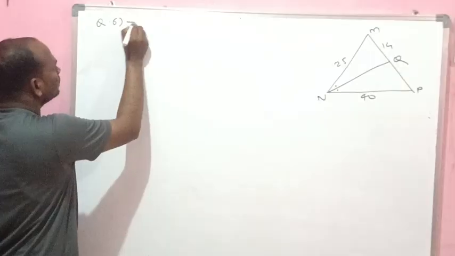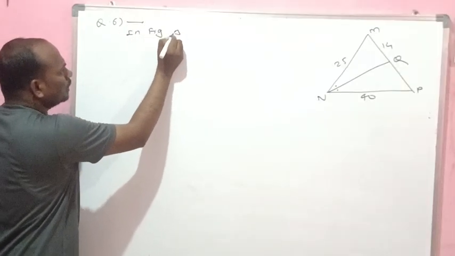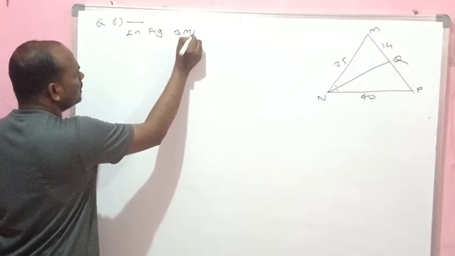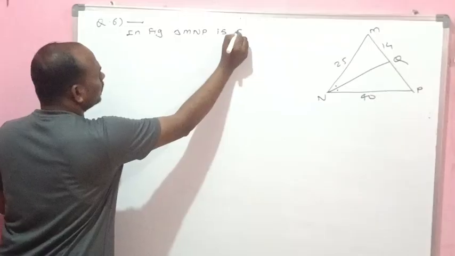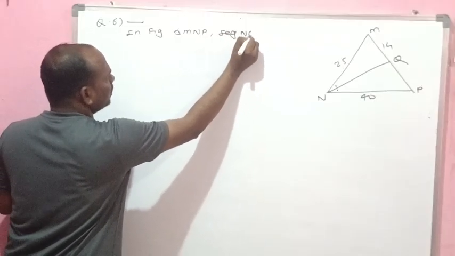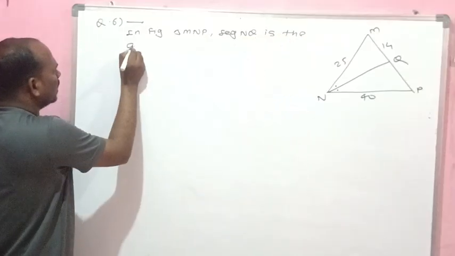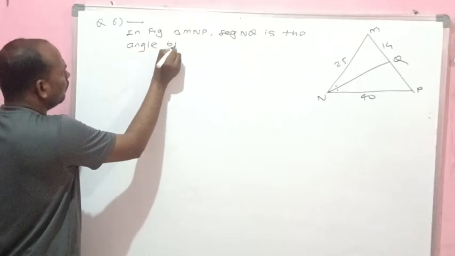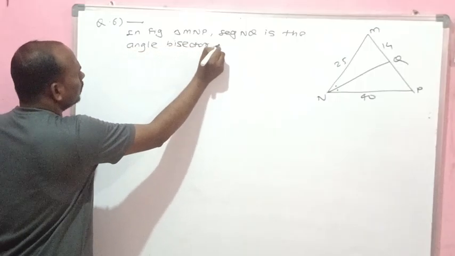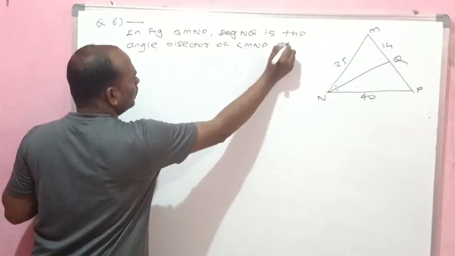Now therefore, in figure, triangle MNP is, in figure triangle MNP, sec NQ is the angle bisector of angle MNP.